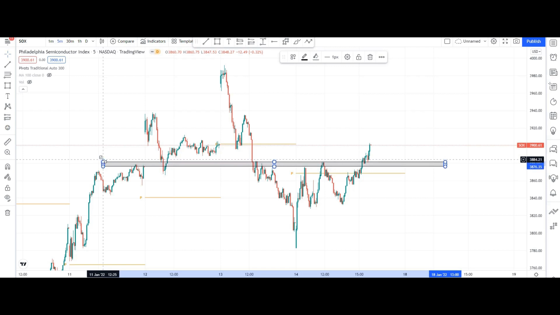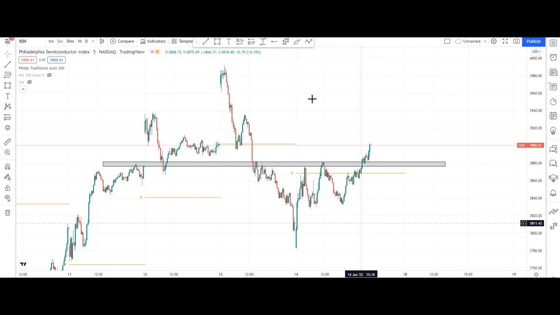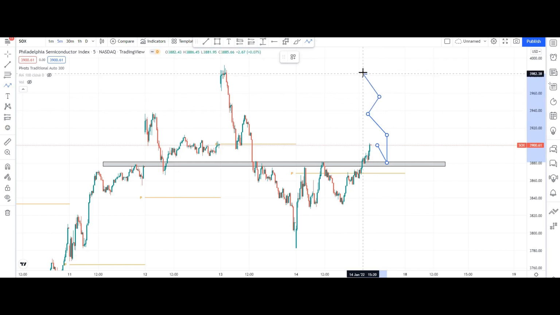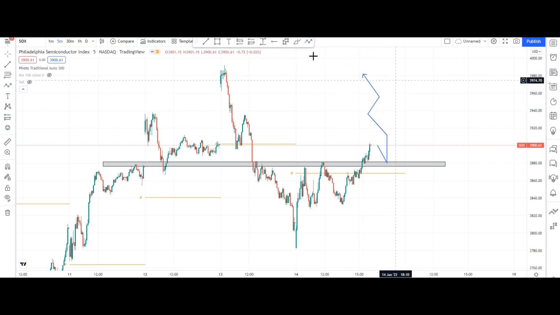Okay, this is one of the supporting areas right now. Okay guys, what happens if it takes upside, or if it takes downside momentum here: your first target will be this, second target, third target, and your fourth target. These are the four targets you can surely go for if it takes resistance.